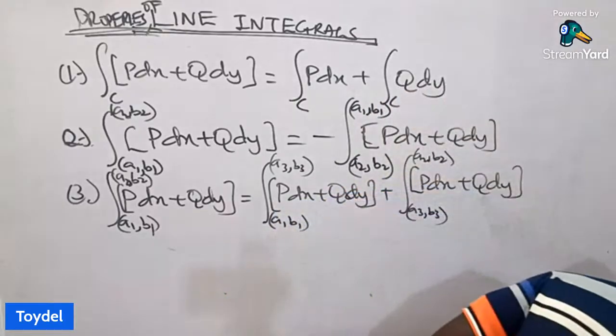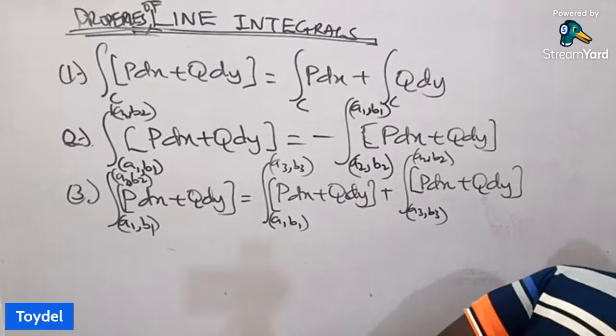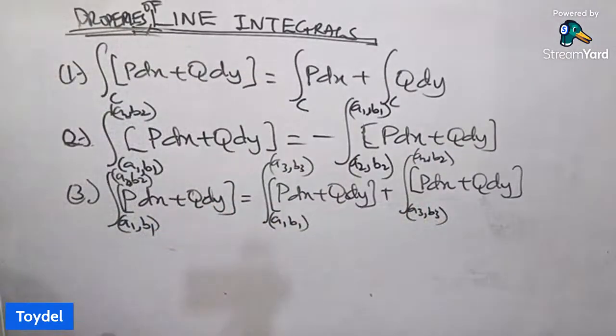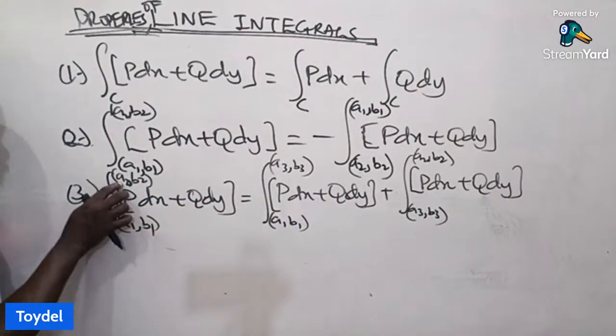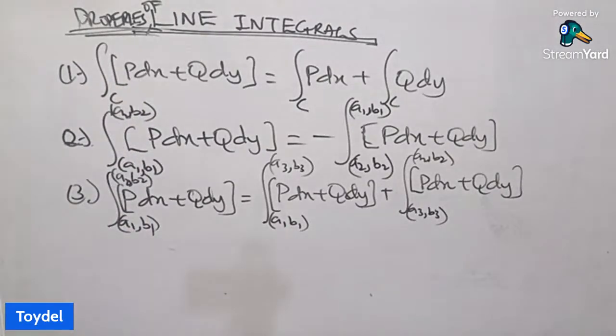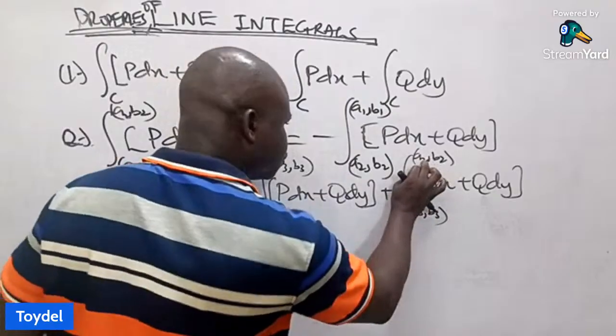So we can decide to split this: when we go from (a1, b1) to (a2, b2), we can break it down to (a1, b1) to (a3, b3), then (a3, b3) to (a2, b2).